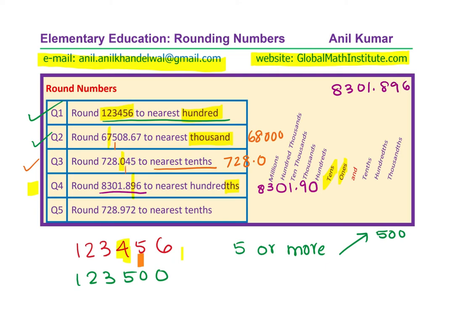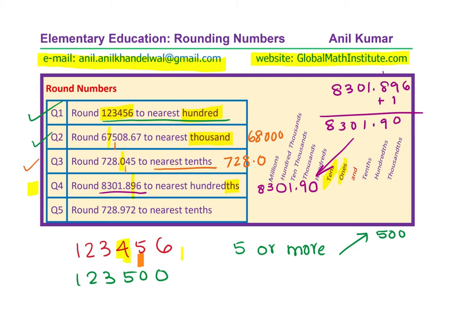Since it is higher, I am going to add 1 to 9 and so it becomes 9 plus 1, 10, carry forward, and then we get 9 and I have 8301.90. Do you see this? So that is what the answer should be, right? So this is very important. I hope it is absolutely clear.